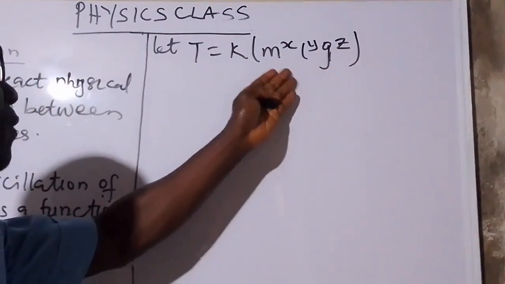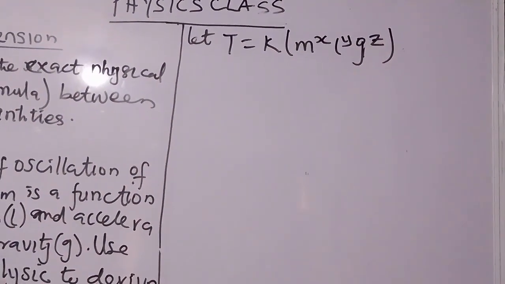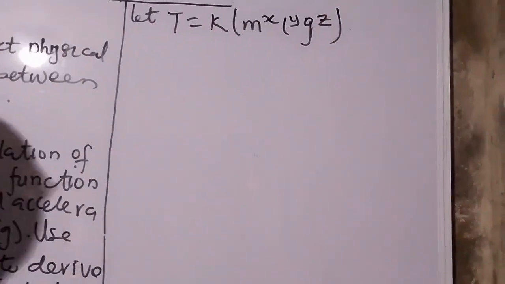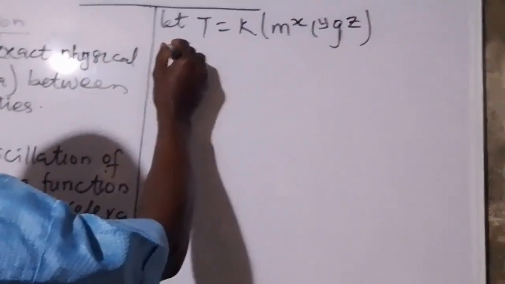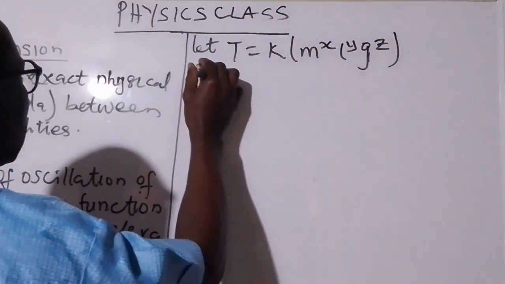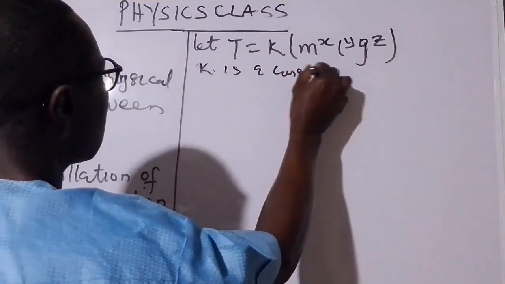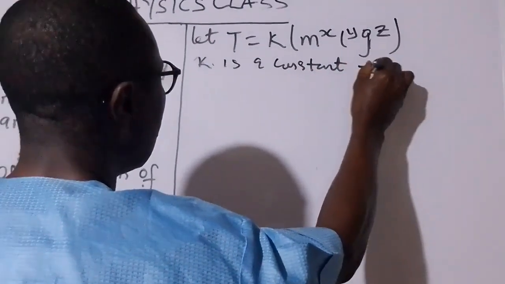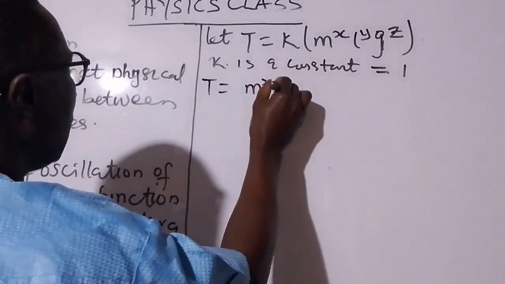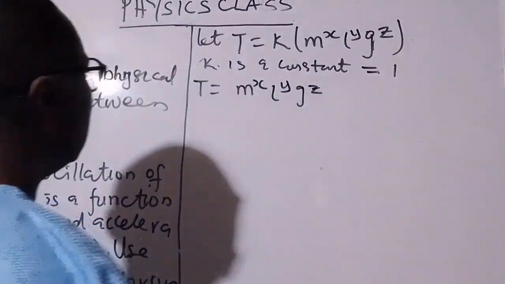Once you know the values of x, y, and z, using dimensional analysis, we're able to write the correct formula between the 4 quantities. Now, let's assume K is a constant, and let's say it is equal to 1. So we are going to have T is equal to M raised to power x, L raised to power y, g raised to power z.